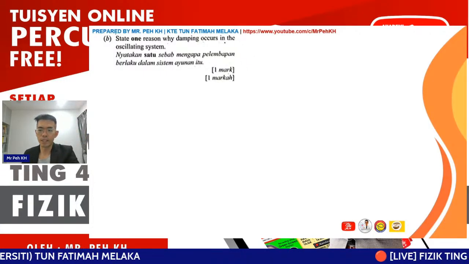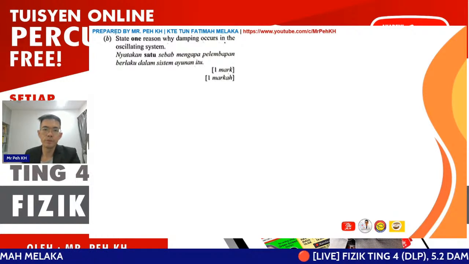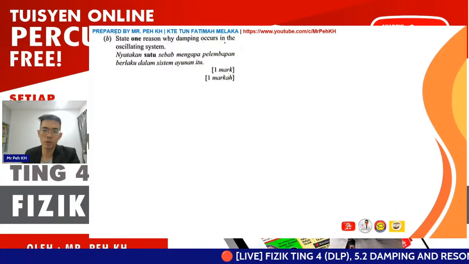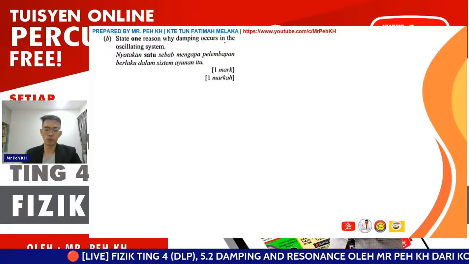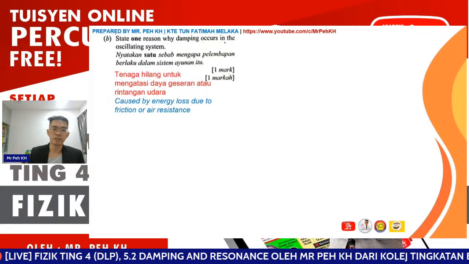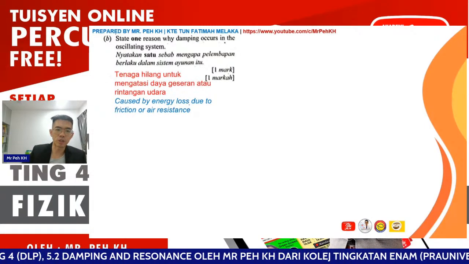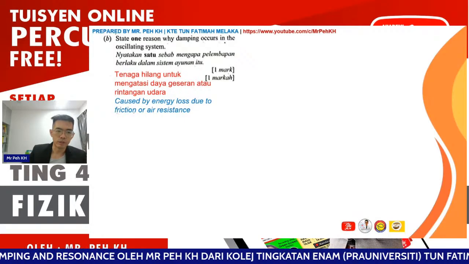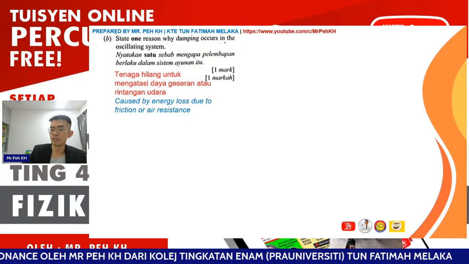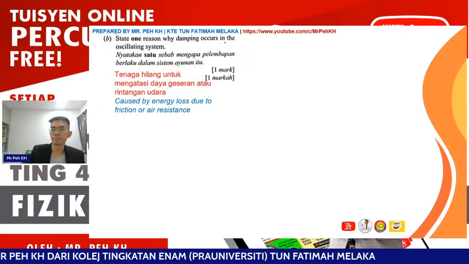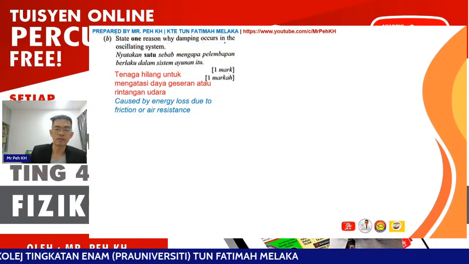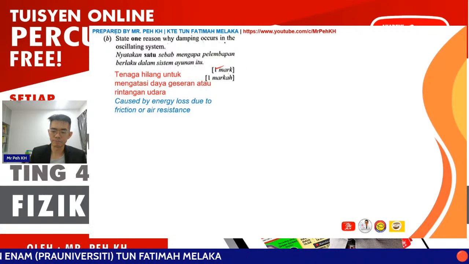Another one, internal damping, is energy loss due to the compression or stretching of the particles in the system. So here you can give one of the answers. The answer is energy loss due to friction or air resistance. This is considered external damping. One mark, one answer is enough.